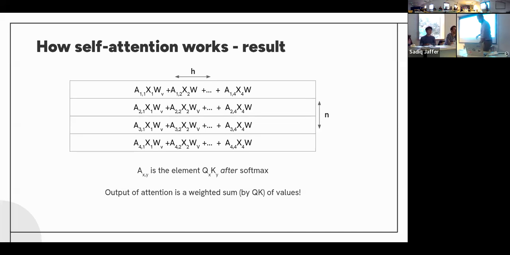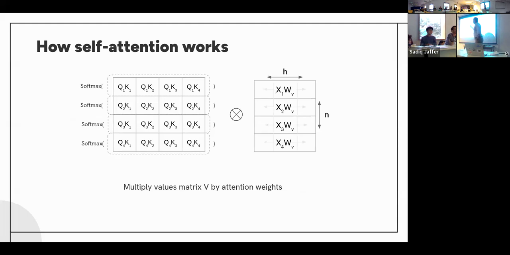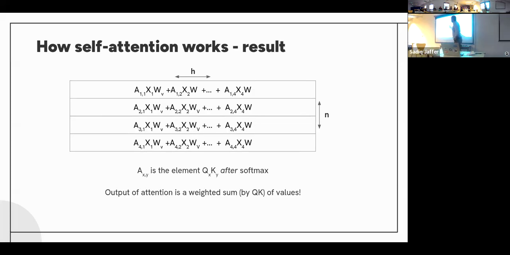So across the row, this is A11, A12, A13, that kind of thing. And what we end up with here is a weighted sum of the values based on the attention, right?